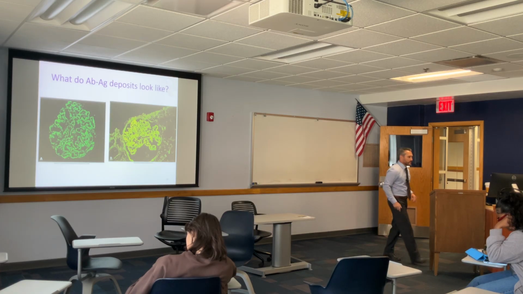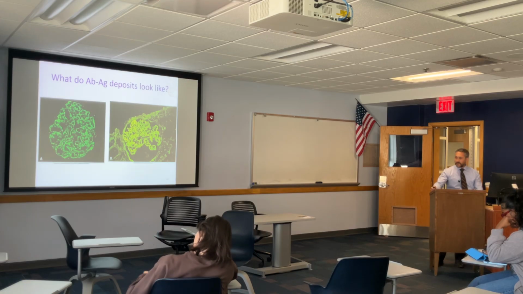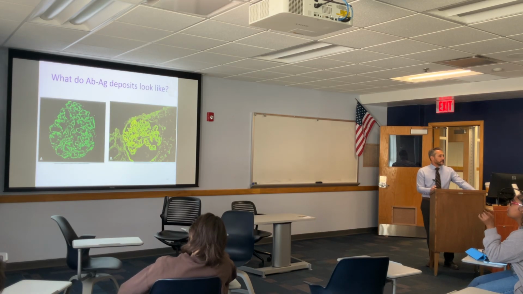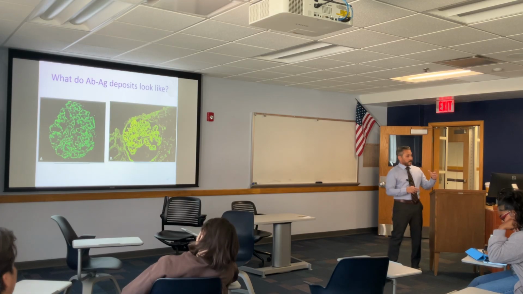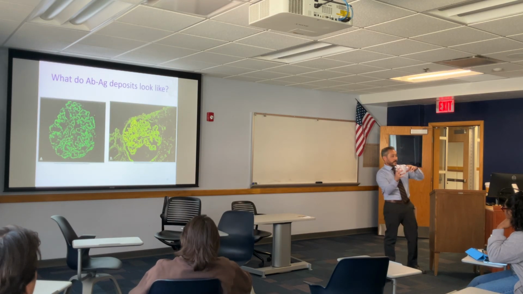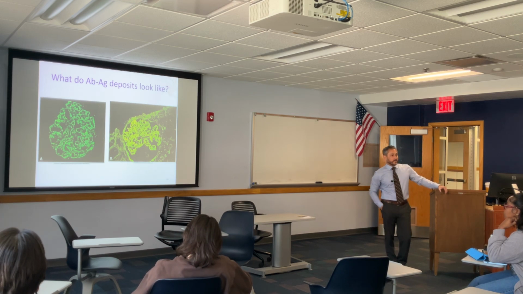So with those two observations, which one do you think is a type 3 hypersensitivity? The left, the green, or the right, the yellow? Remember, type 3 hypersensitivity is antigen-antibody that binds together in the bloodstream, and then it floats through and gets trapped in the filter in the kidney.